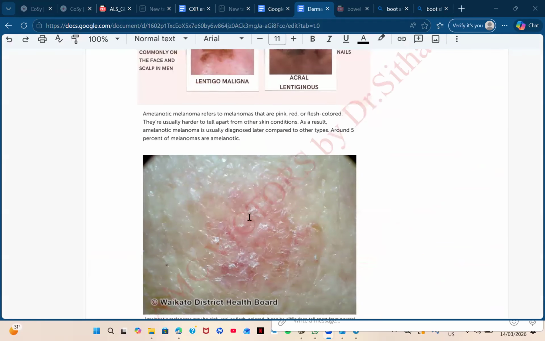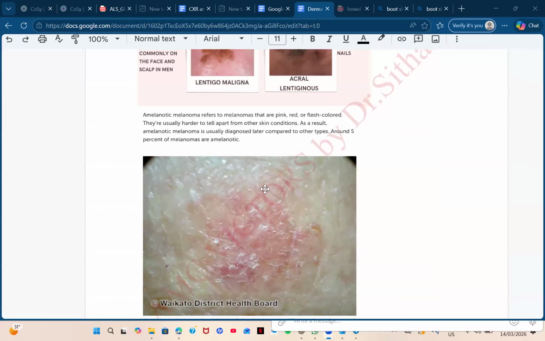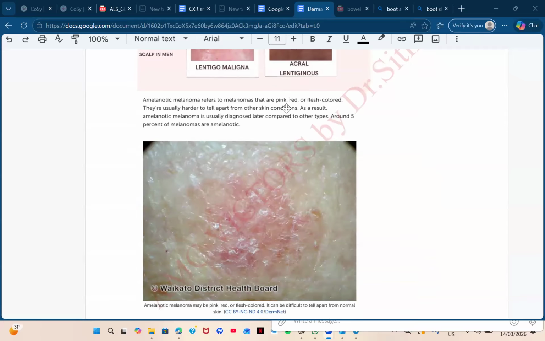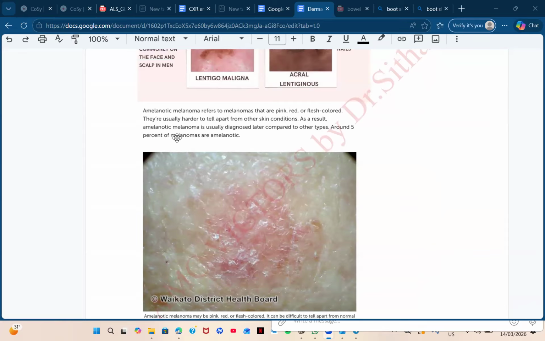Usually the melanoma color is darker, but amelanotic melanoma presents as pink, red, or flesh colored. They are usually harder to tell apart from other skin conditions, so amelanotic melanoma is usually diagnosed later compared to other types. This is not a very common one.